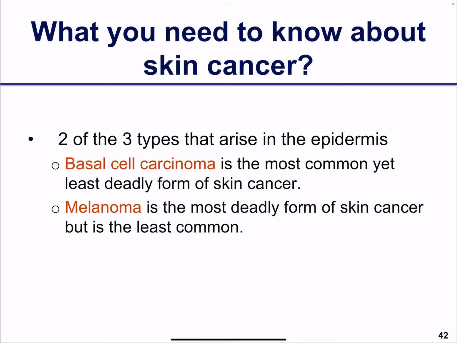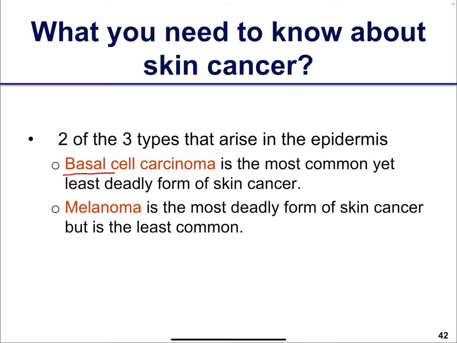So now we looked at the integumentary system. Now let's take a look at some defects that can occur in the integumentary system. You have some cancer that can develop from our skin. There are two major types of cancers I'm going to address here.